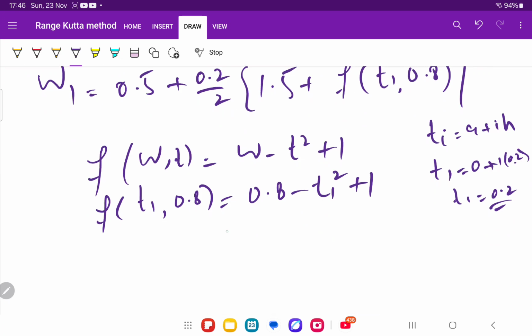So it means 0.8 minus 0.2 square plus 1. That is f of t1 and 0.8.